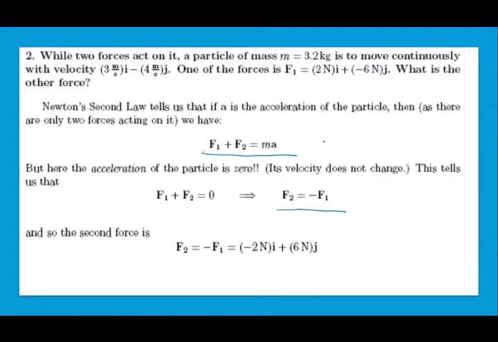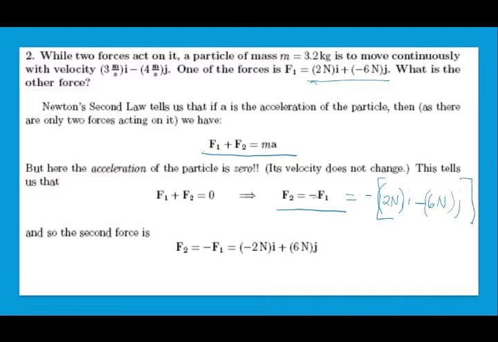And what is our F1? Our F1 is 2 newtons i minus 6 newtons j. So, to equate that, you just negate it.